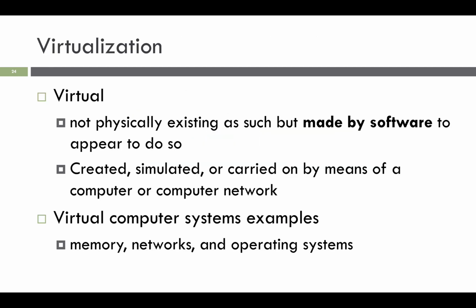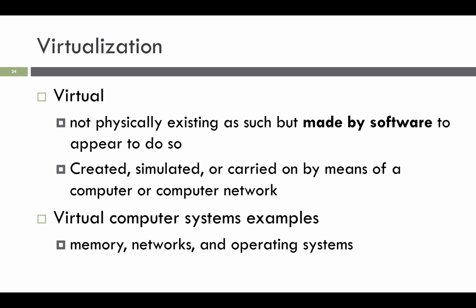Up to this point, we've talked about the physical components of a computer system. Using software allows running many virtualized systems on a single machine. Virtualization is creating a virtual or software-based computer system inside of another system that operates like a real system. The virtualized system uses the physical hardware of the actual system.